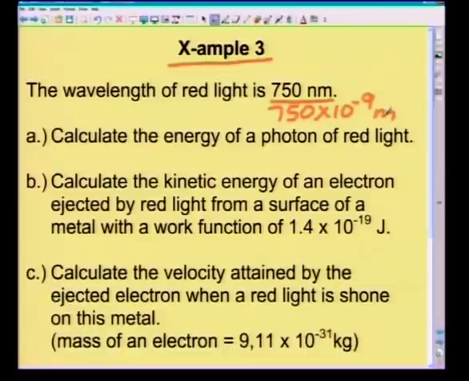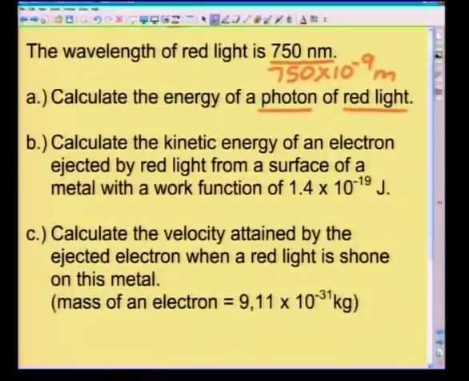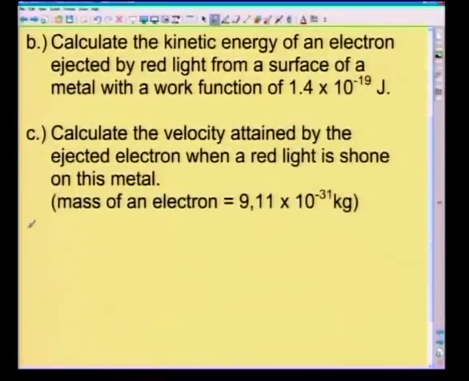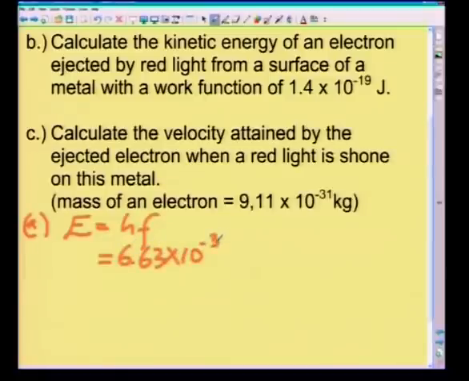The question is to calculate the energy of a photon of red light. Again, we have to calculate for the photon of red light, but we don't have the frequency yet. And energy is given by hf. What is h? 6.63 by 10 to the power minus 34.